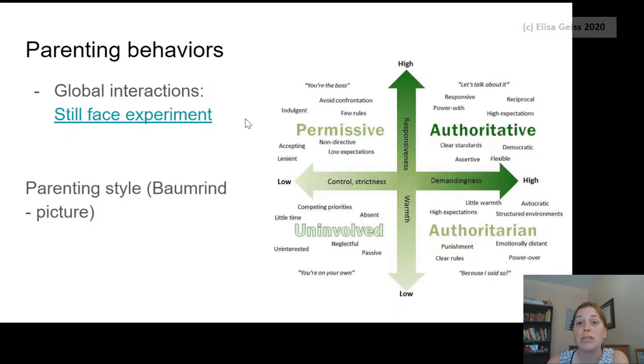This is supposed to model what it's like for a child whose parent is experiencing depression, that they may not show as much positive or negative affect, but instead it might be like a still face. And you'll see how distressing this might actually be for an infant. So let's watch that video.